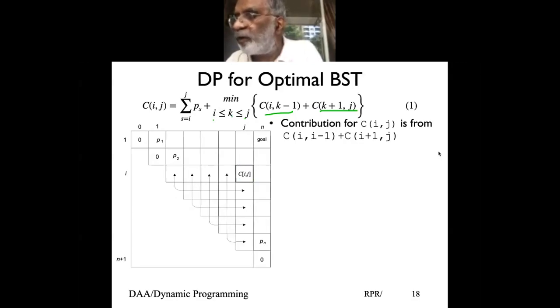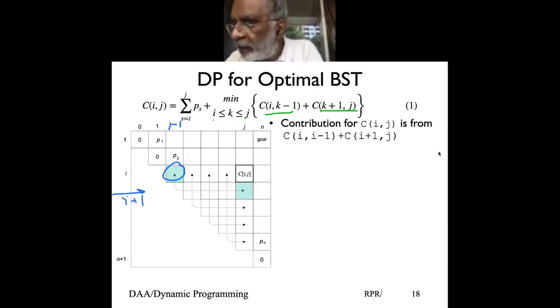C(I, J) would vary: first, when K is I, the first term would be C(I, I minus 1) and C(I plus 1, J).